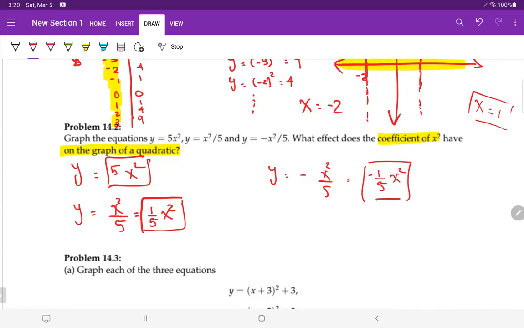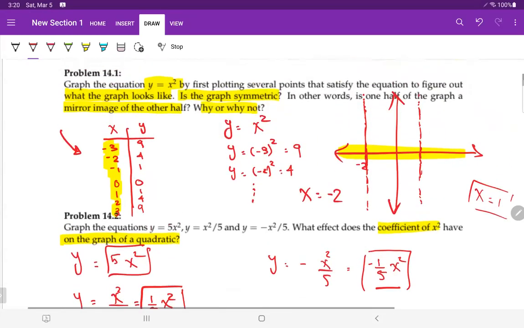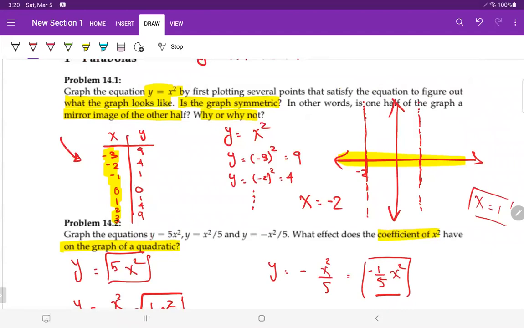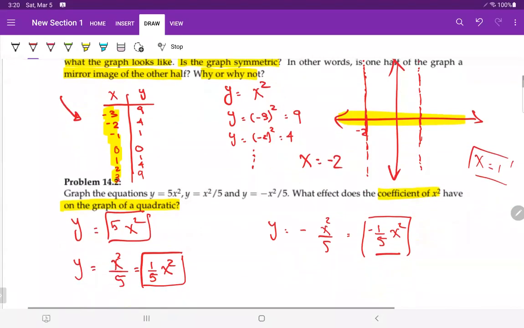The graphing is the same as we did before: you just pick points for x, find the y values, then plot the points and connect them. But I will go immediately to GeoGebra and see the graphs there. Or we can plot the points if you wish.